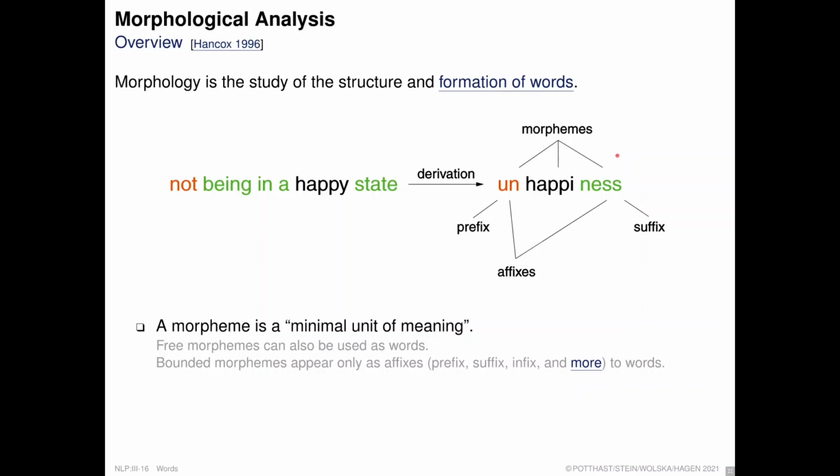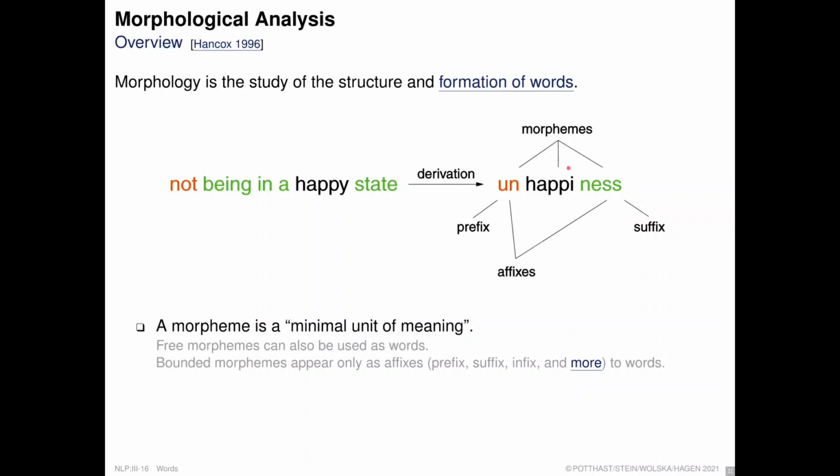This is usually described, this is not a perfect definition, but it can be more or less considered accurate, that a morpheme is a minimal unit of meaning. So it's that minimal part that carries some meaning. So what is the meaning that is carried by the morphemes here? I told you about it. Un expresses the meaning of negation.